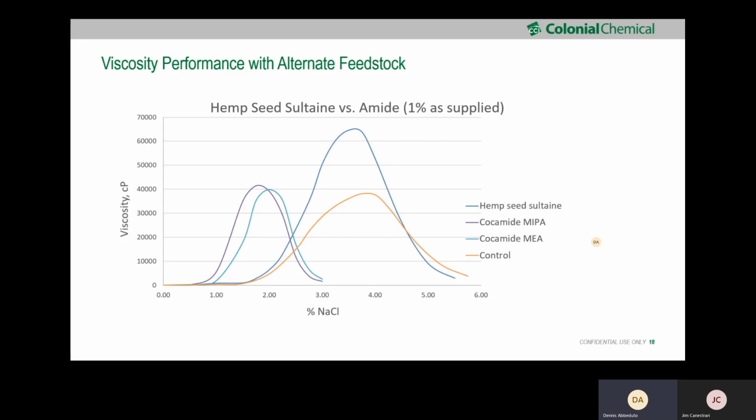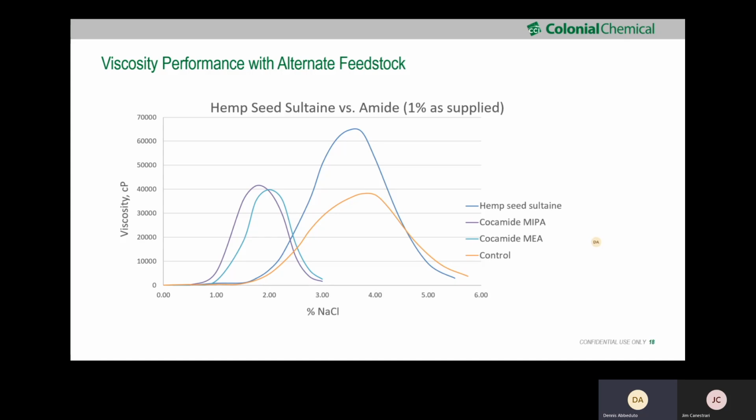What they do is shift the amount of salt that's required to achieve the higher viscosity quite substantially. And so what we're seeing with the hemp seed sultaine is a very significant increase in the total amount of viscosity potential that we can achieve with the system.